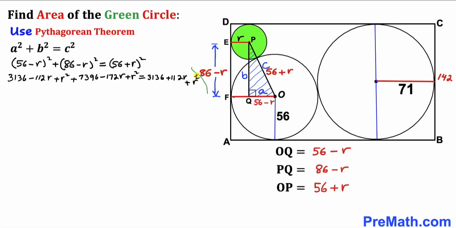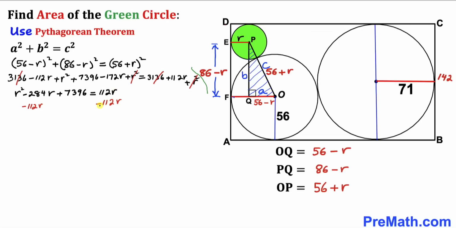Now we can see that this r square cancels out with this r square on the left hand side. This 3136 cancels out with the 3136 on the left hand side as well. Now let's combine the like terms on the left hand side. So we're going to get r square minus 284 r plus 7396 equals 112 r.